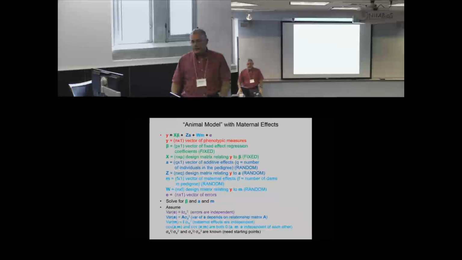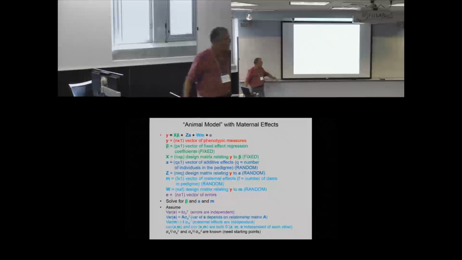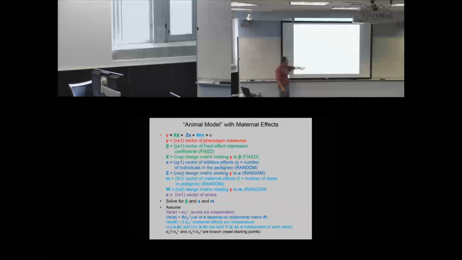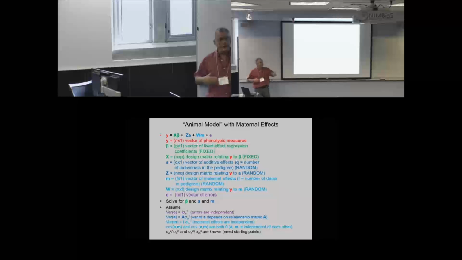With every additional random effect that you add, it becomes more difficult to solve these equations, and you need a bigger and bigger sample size. Generally speaking, what ends up happening is you run out of power to be able to add these sorts of terms.